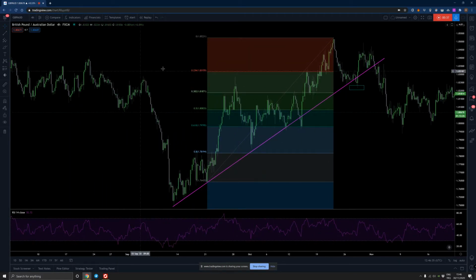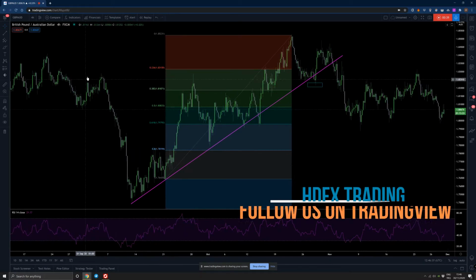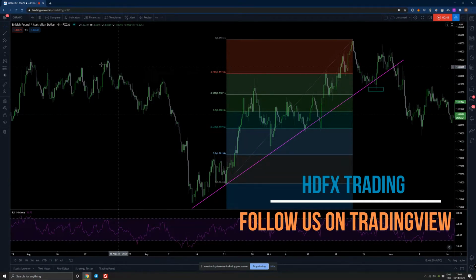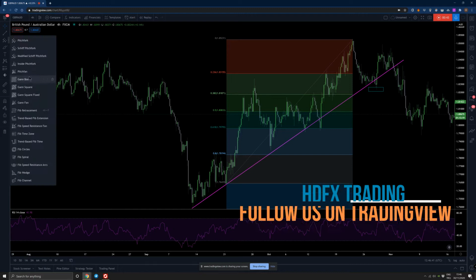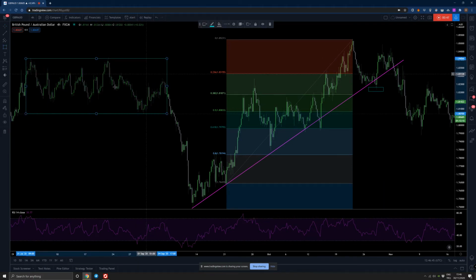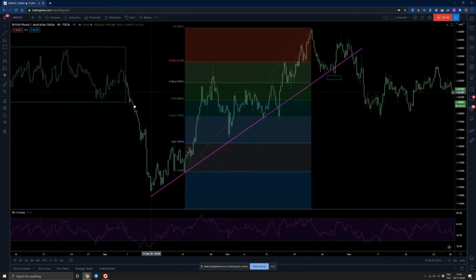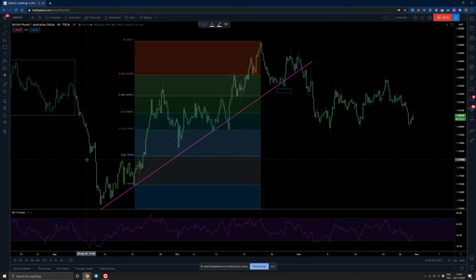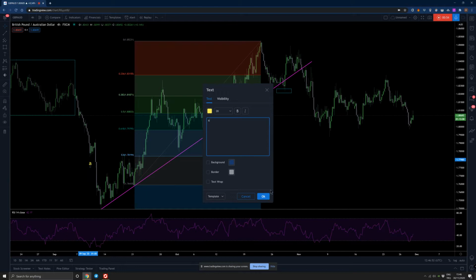So in here, what I was thinking actually is after this move that I will show right here, this move, this consolidation period, and the market has done some type of a correction, something like this probably.